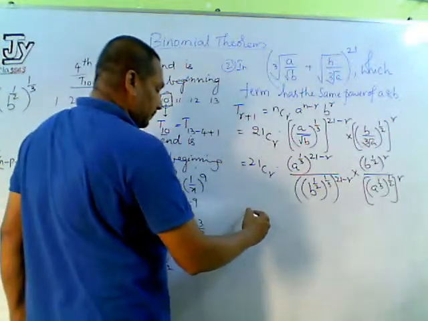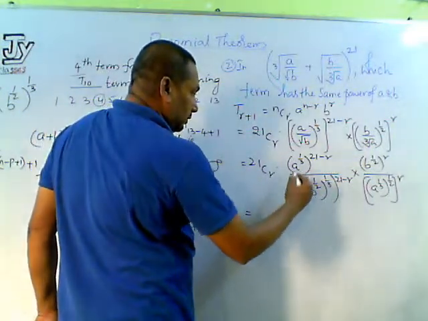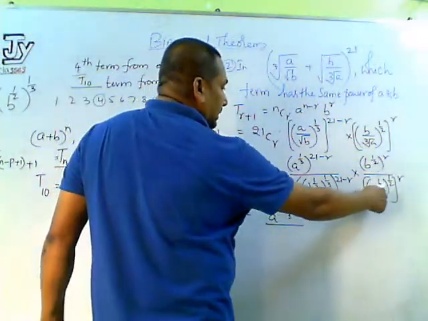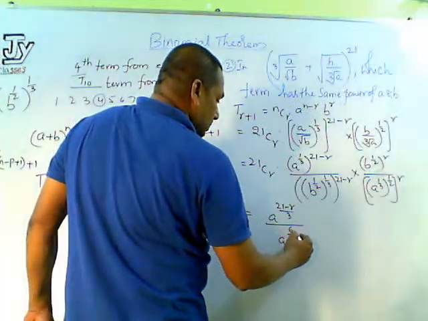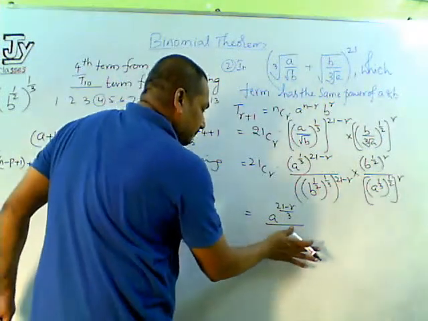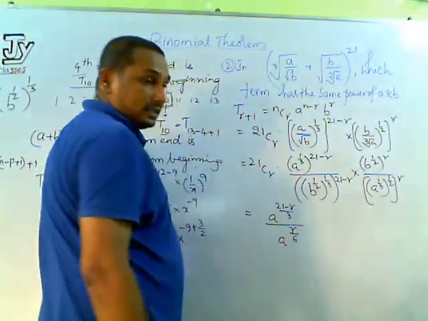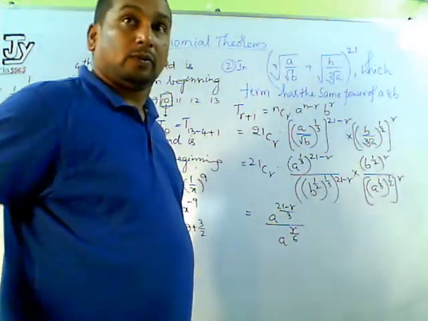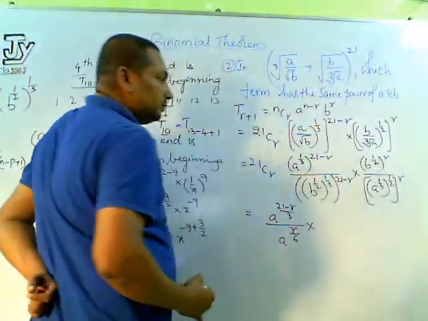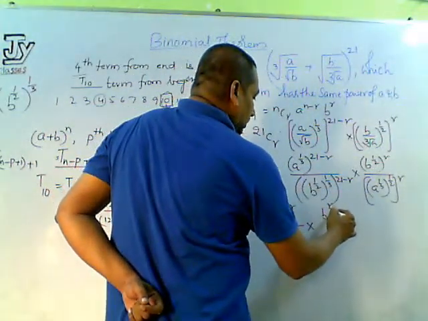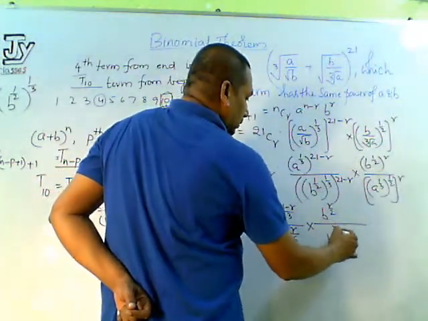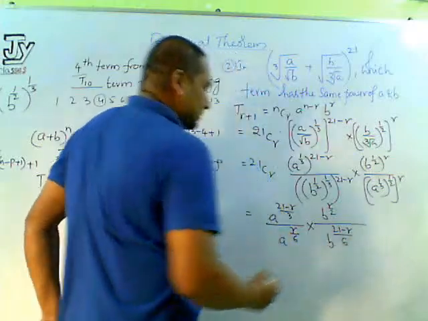So now simplify. A to the power of (21 minus r) by 3, by, see, it is A to the power of r by 6, into b to the power of r by 2, by b to the power of (21 minus r) by 6.